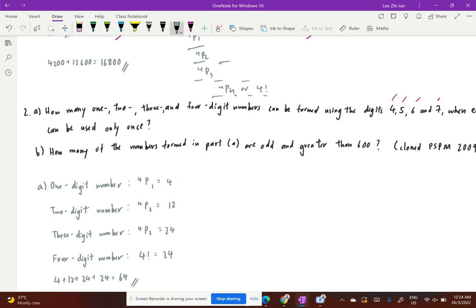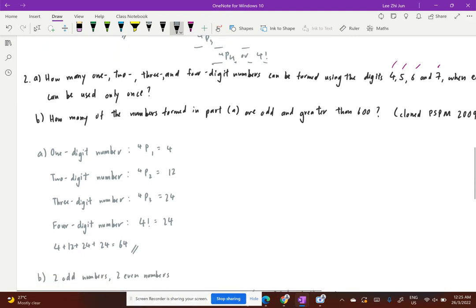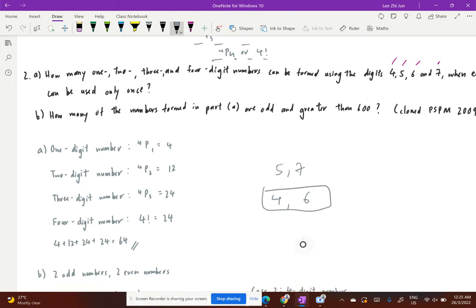How many of the numbers in part A are odd and greater than 600? Okay, so there are 4 cases. Let's just go. We have two even numbers, which are 4 and 6, and two odd numbers, 5 and 7. So there are 4 cases.